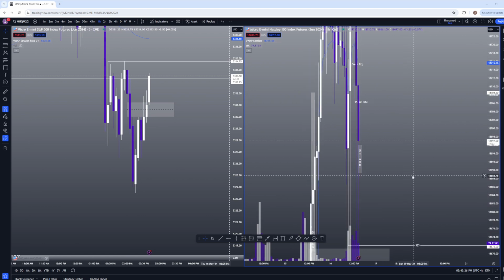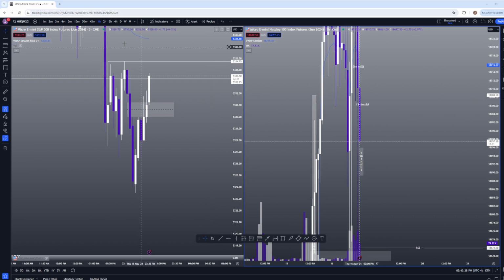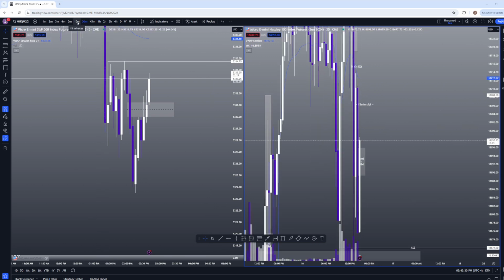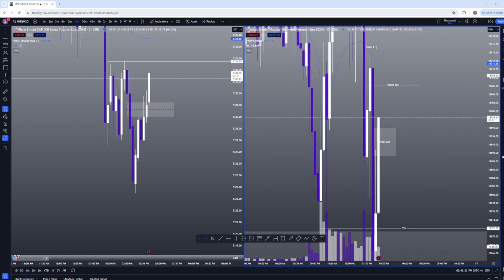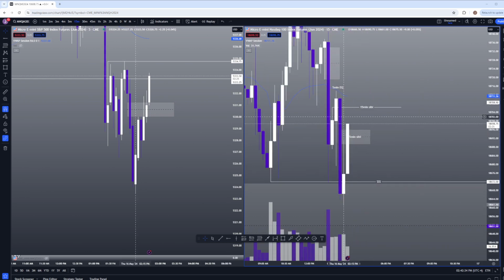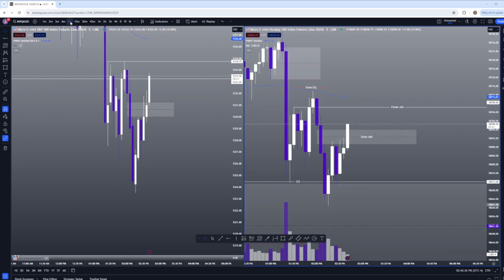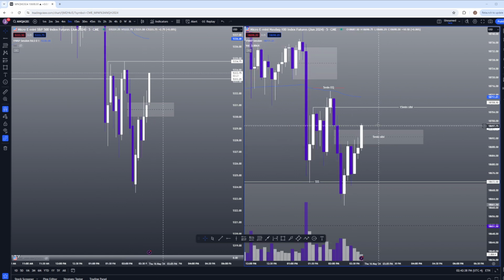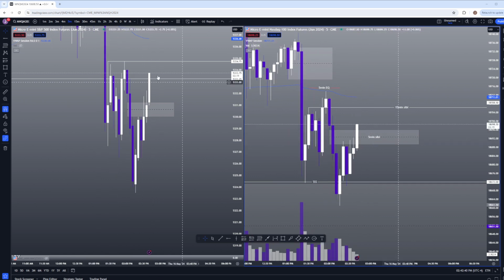All right, the 1 hour is starting to look even more bullish here. The 15-minute candle is looking pretty bullish. The 5-minute candle is looking like it's trying to displace this imbalance.